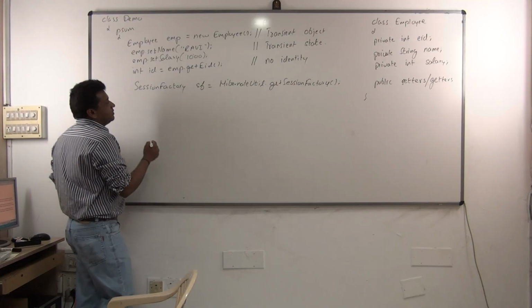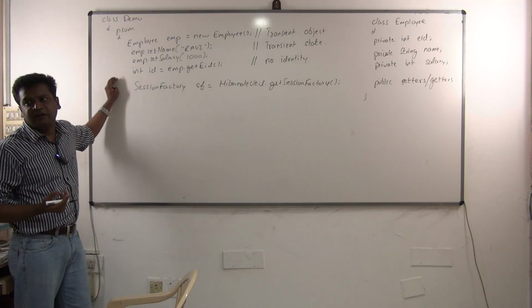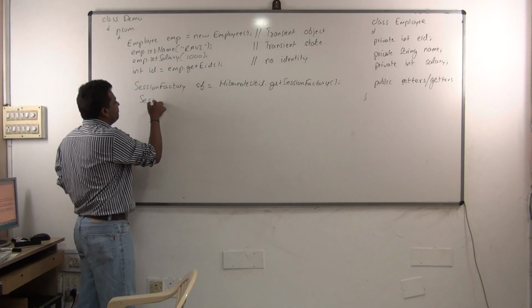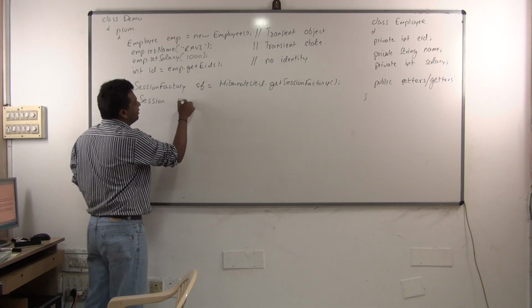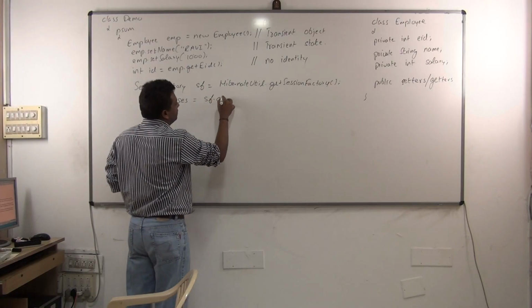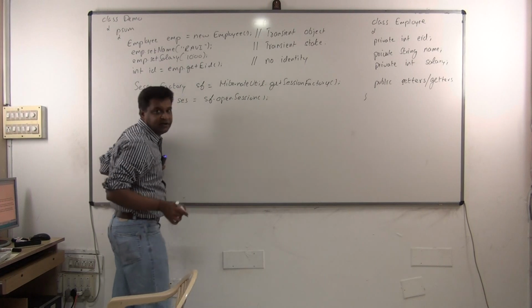So you're writing the client code now. You'll start the Hibernate system and get the session factory. After getting the session factory object, you'll create an object of session, and you'll say sf.openSession. Now the session object gets created.